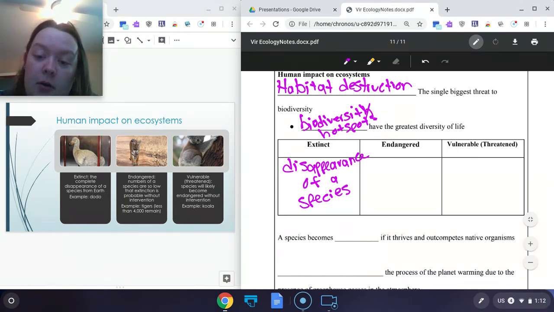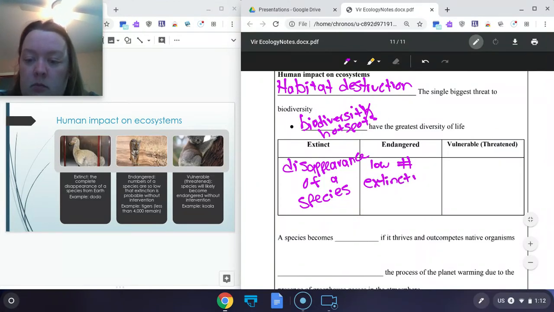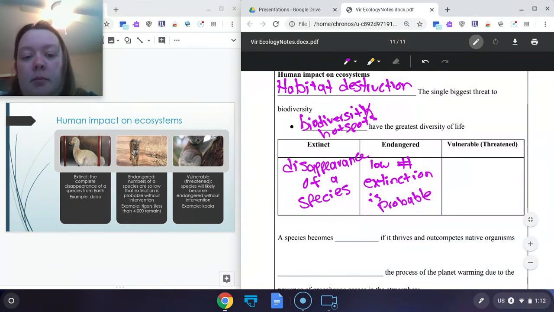So endangered species have low numbers, and extinction is probable. Examples are certain species of pandas and tigers. Zoos are trying to get these animals to breed in captivity to be released to help them not become extinct.